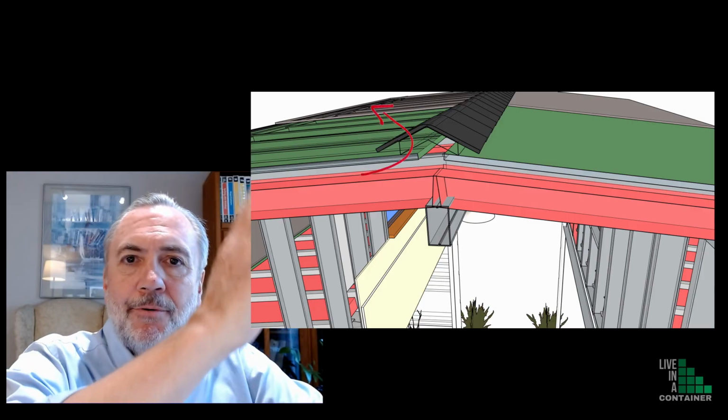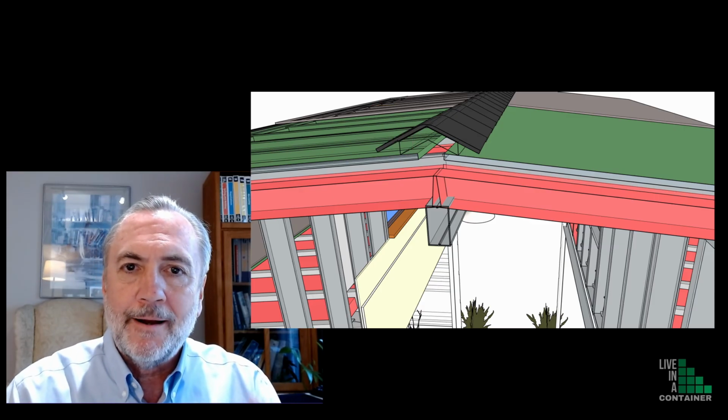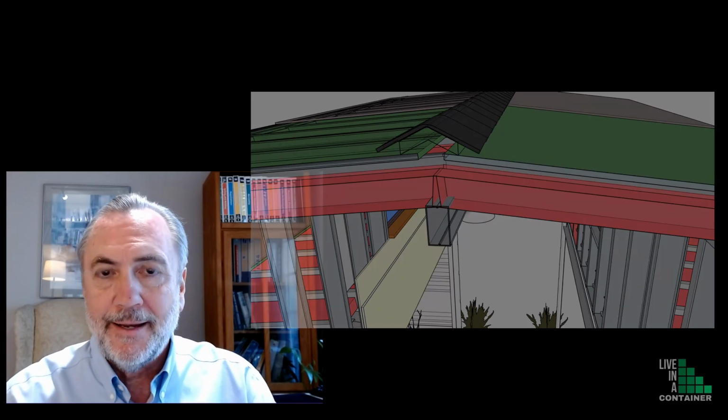And that way you're keeping the envelope within your occupied space insulated. And that'll help you prevent condensation within the attic space that the roof truss would create, assuming that you don't have a ceiling. If you don't have a ceiling, you're going to have a vaulted roof with exposed trusses.